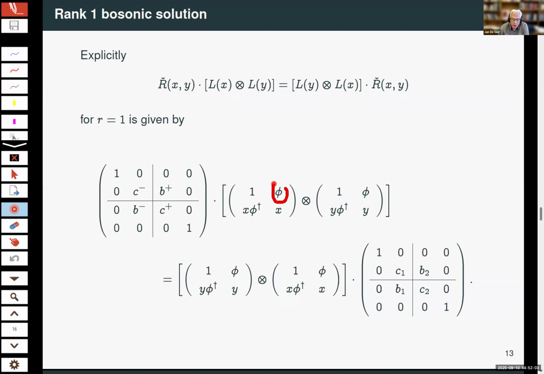So phi is a q-oscillator. I have a phi and phi dagger on the off-diagonal elements, and I take two of them, one with parameter x, one with parameter y. Then the claim is this is a solution of the RLL equation, where in the bottom line, x and y have been interchanged.